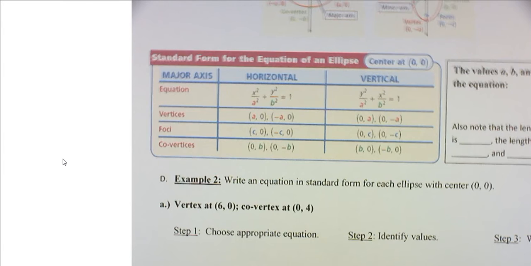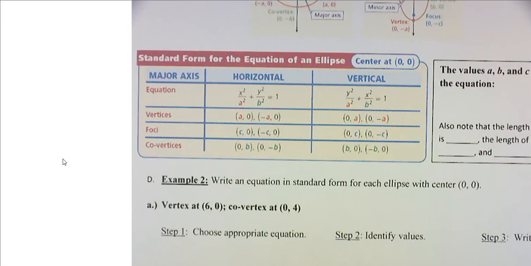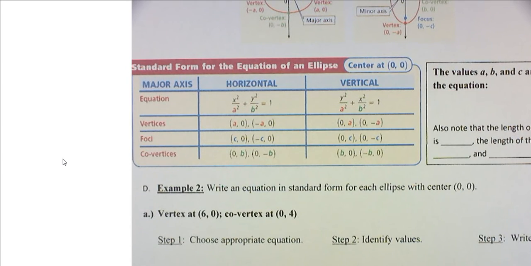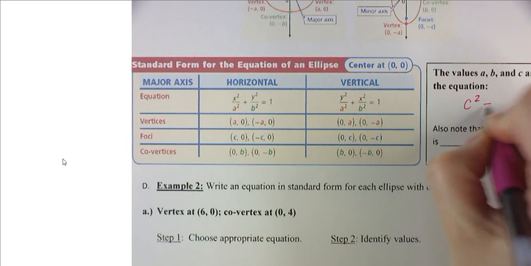Another important equation that is not on here is that the values of A, B, and C are related by this equation, which looks similar to the Pythagorean theorem, but it is a little bit different. It's c squared equals a squared minus b squared.